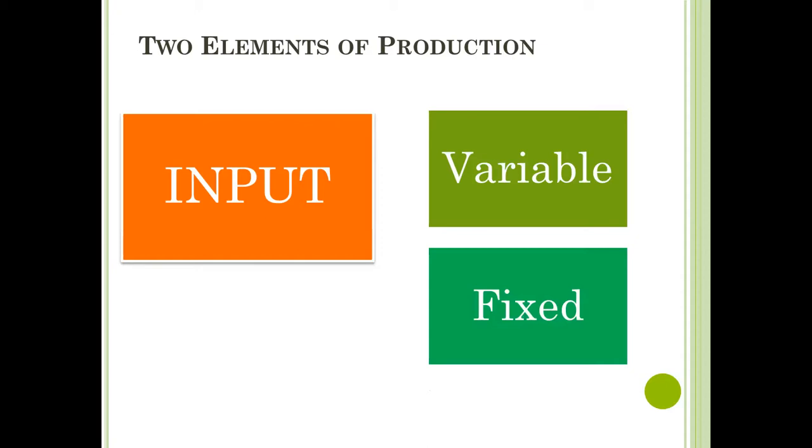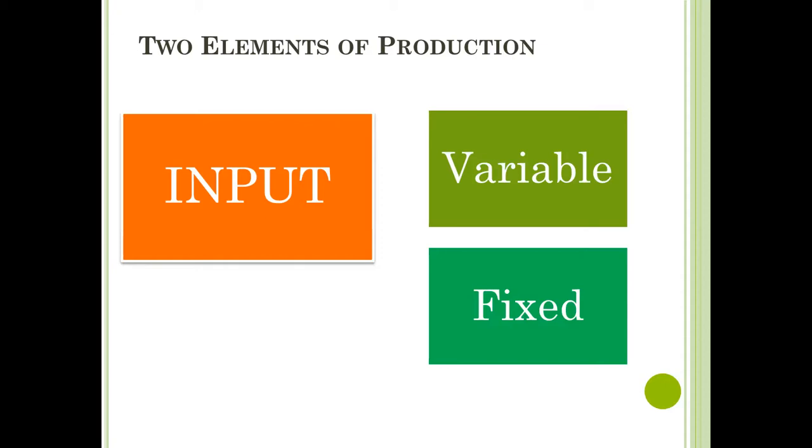This remains constant regardless of the volume it produces. Examples are machineries, equipment, a building, factory, plant. Fixed inputs are also expenditure in production, so it is known as fixed costs. So once again, variable inputs are variable costs and fixed inputs are fixed costs.